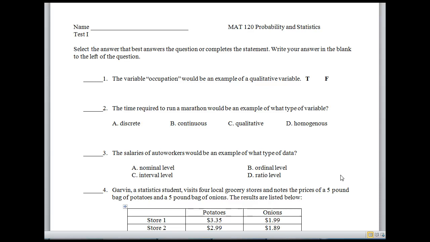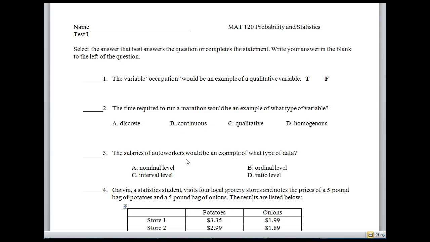Okay, it can take on any value within a range, and kind of the clue might be things that we tend to measure are continuous versus for discrete data, those are things that we would normally what? Count. Okay? So you need to know the difference between continuous and discrete. But time required to run a marathon would be continuous.